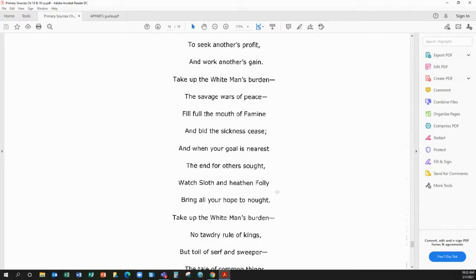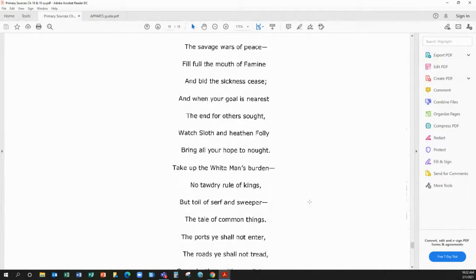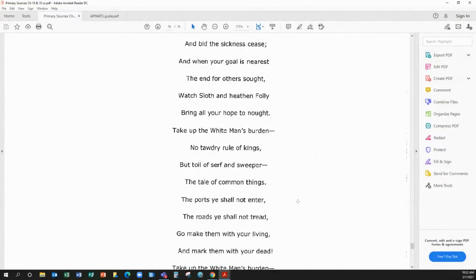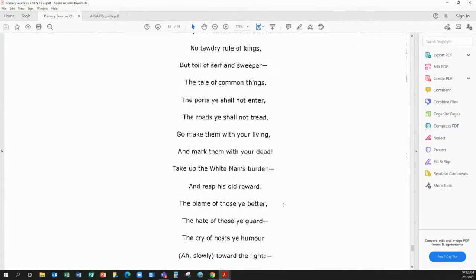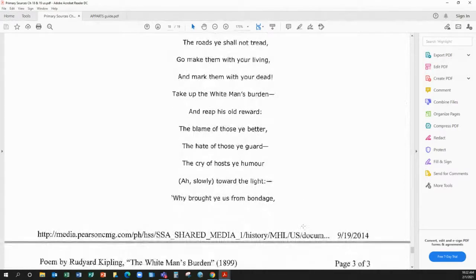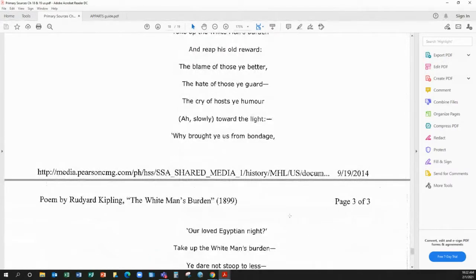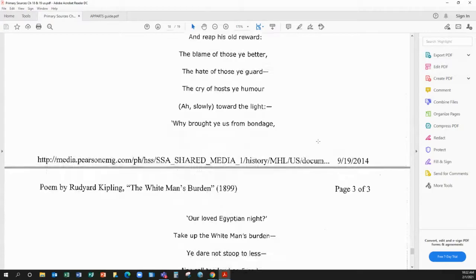Sloth is laziness. For ports that you're not going to be able to come in, for roads that you can't drive on, young men are going to die in this service of doing this, and you will be blamed and hated, right? And they will ask you why you brought us from bondage. In his opinion, uncivilized or Aboriginal people are in bondage or uncivilized.